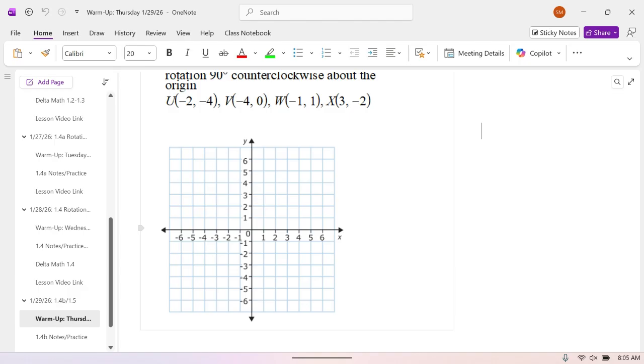V prime, where's it at? V is currently on the x-axis, so it needs to go on the y-axis. All right, 90 degrees. So if it's on an axis, it's going to the other one if you go 90 degrees. However, which side of the y-axis? Are we going on the top half or the bottom half?